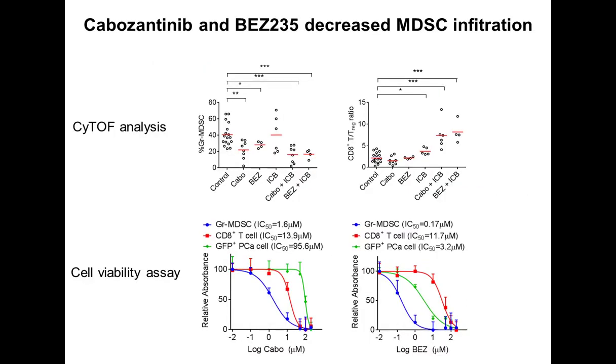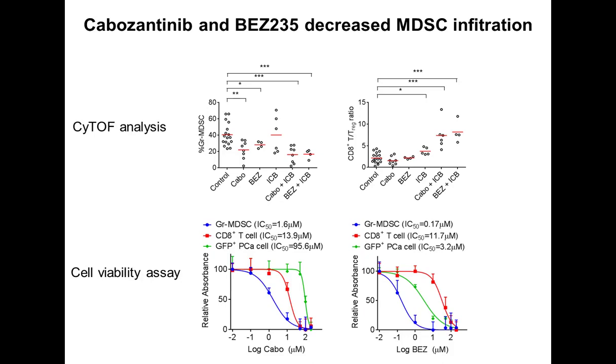Using CyTOF, we found that both the cabo and the BEZ were very effective to reduce the infiltration frequency of MDSCs, and at the same time they also boost up the CD8 positive T cell versus regulatory T cell ratio that's already increased by ICB, but increased further by this cabo or BEZ treatment. This CD8 over Treg ratio was used frequently to indicate the positive effect of ICB. So this was increased further by these two drugs.